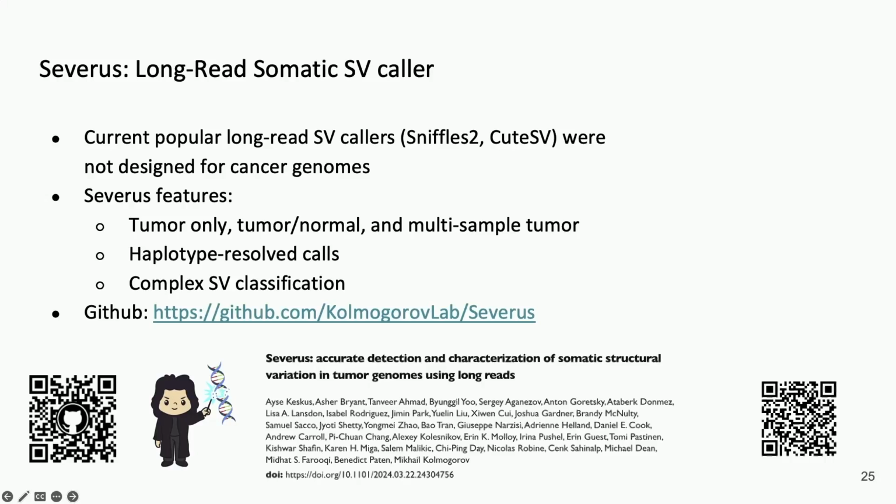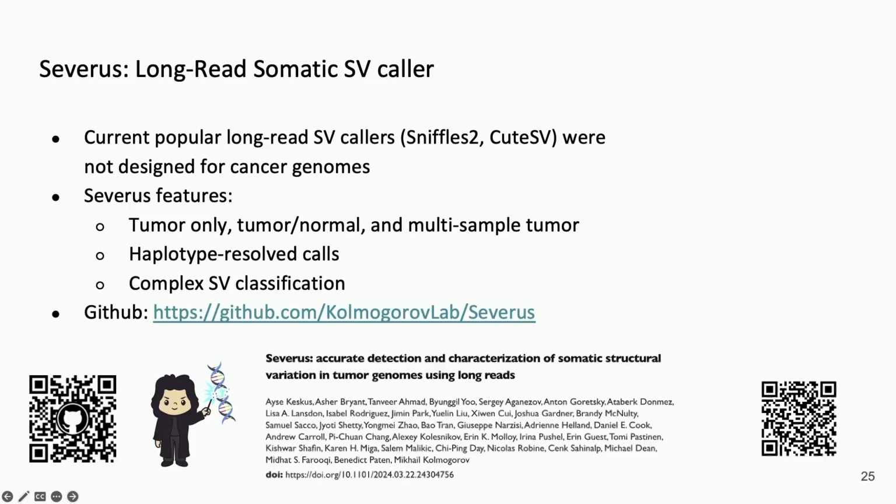And then we started thinking, we have this very hard, challenging cancer genome, and we have the long-read sequencing with new information, and how can we use this new information to solve this challenging cancer genome? The first thing that we get with long-read sequencing is improved phasing.